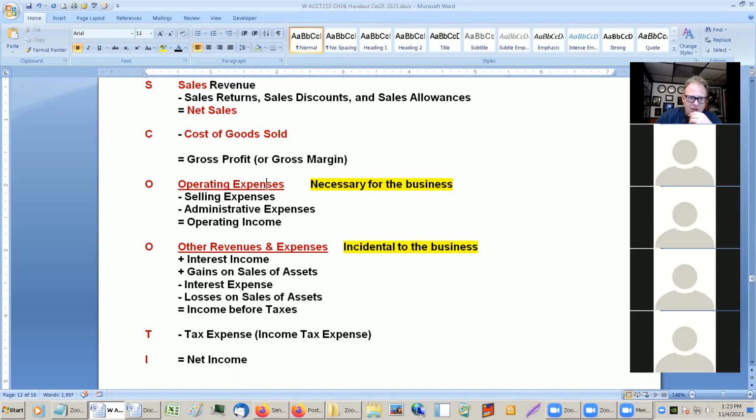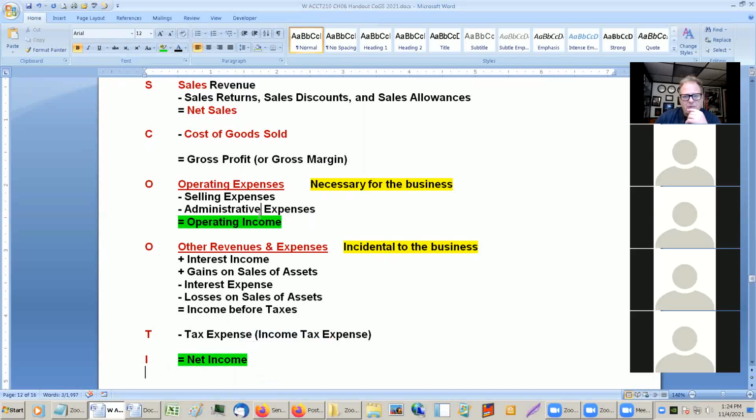So the operating expenses are the things that are necessary. And by the way, this operating income, those of you that are going into finance or even in management, this is usually the number that a lot of analysts will focus on, even more than the net income.